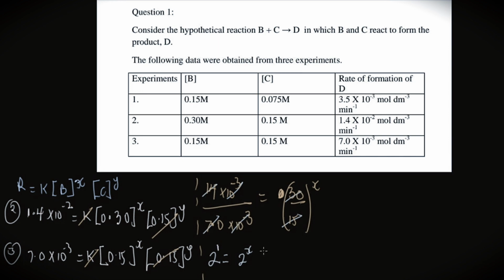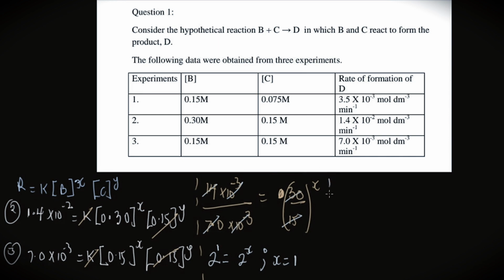So we can evaluate the power to give that X equals 1. So the order of the reaction with respect to the concentration of B is 1.